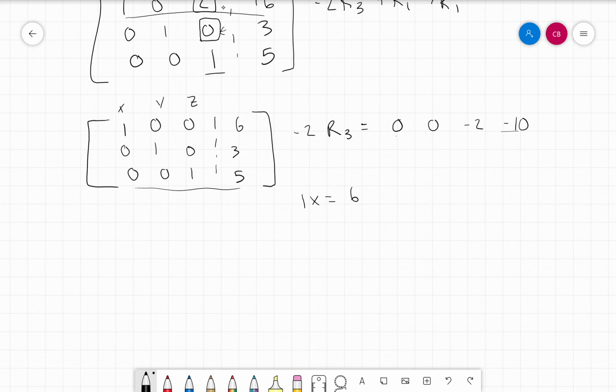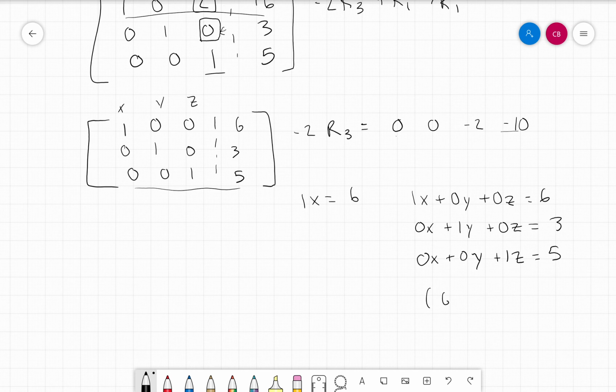Okay, or I could write it as 1x plus 0y plus 0z is equal to 6. I could say 0x plus 1y plus 0z is equal to 3, and I could say 0x plus 0y plus 1z is equal to 5, which ultimately gives us 6, 3, 5 as our entry, and it is 1 point.